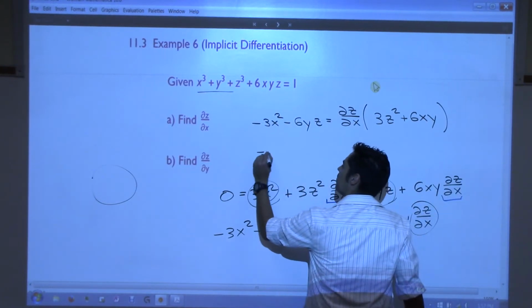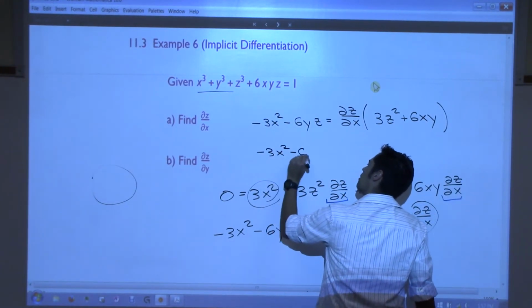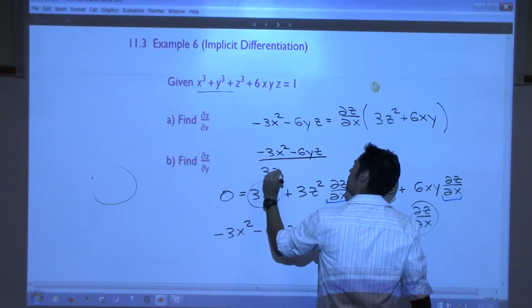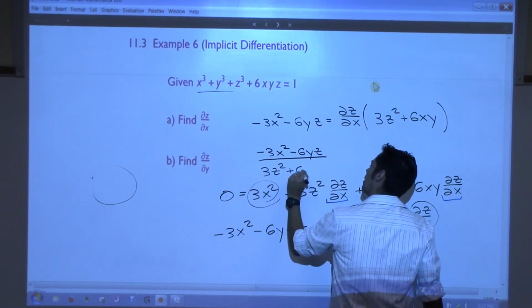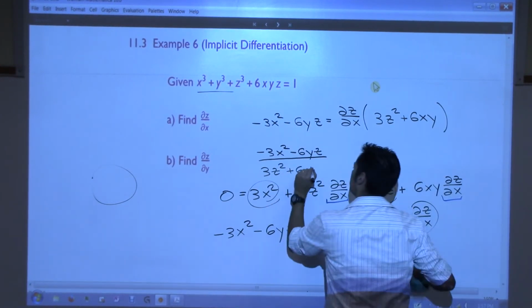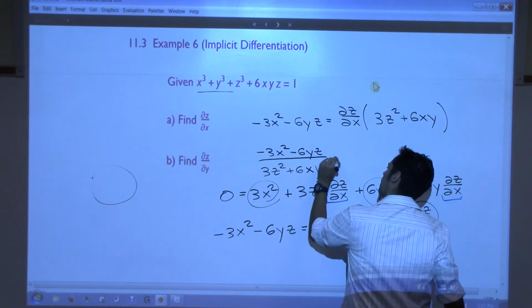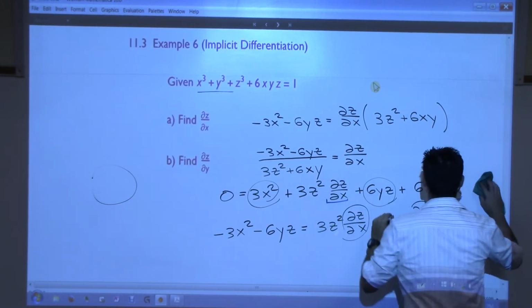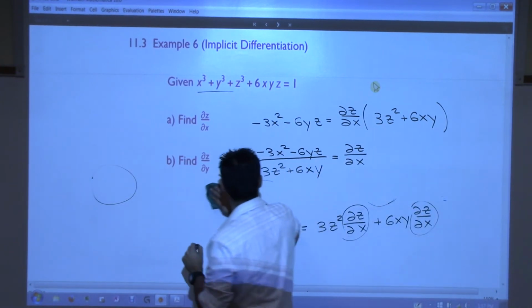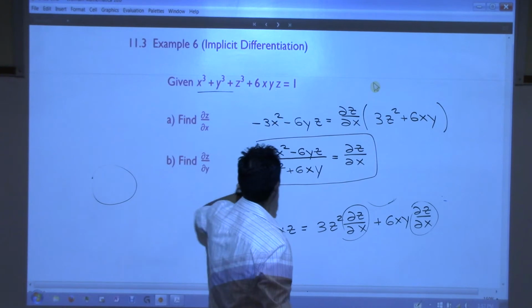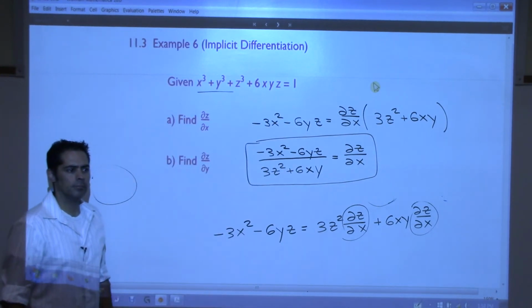So negative 3x squared minus 6yz over 3z squared plus 6xy equals partial z with respect to x. Good?